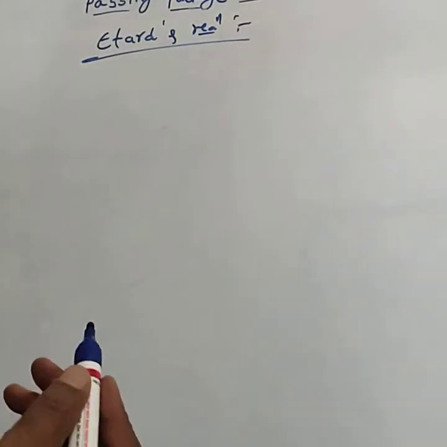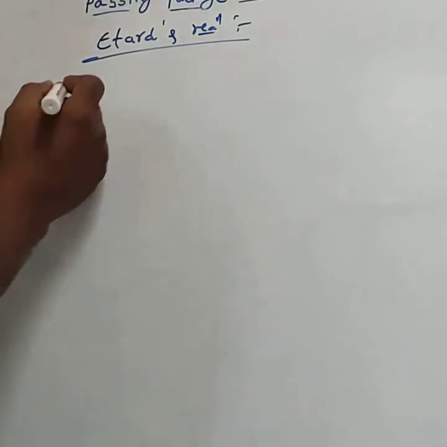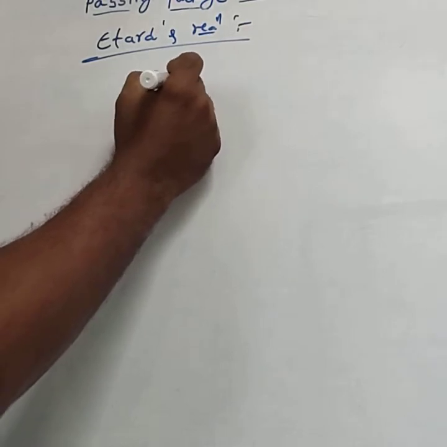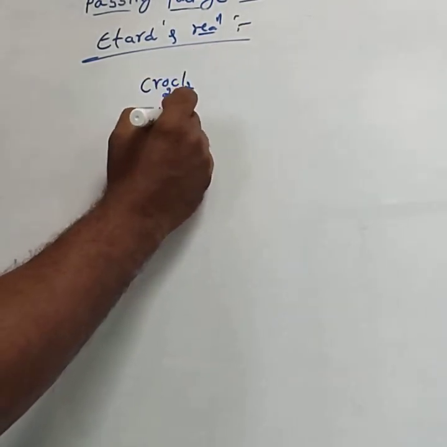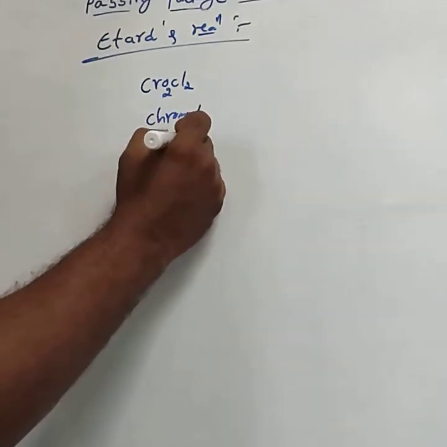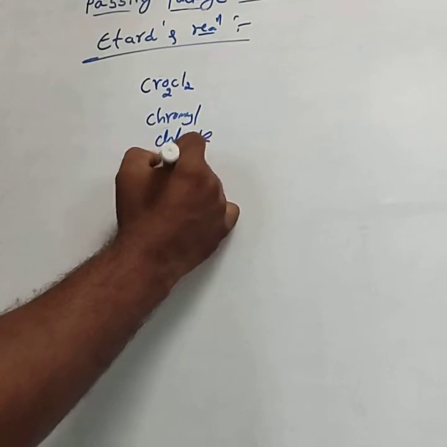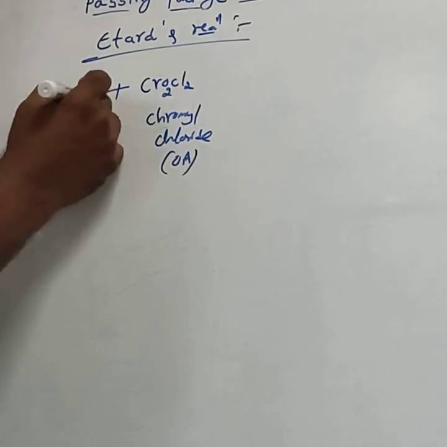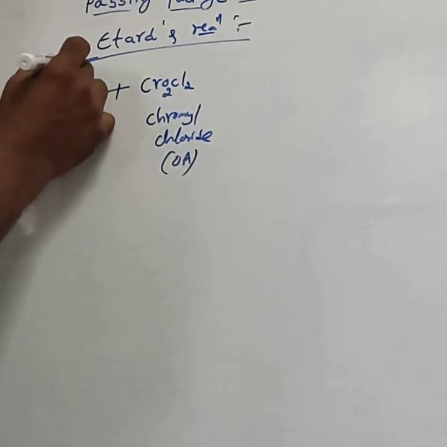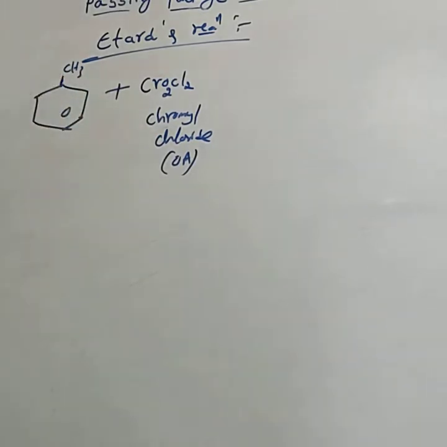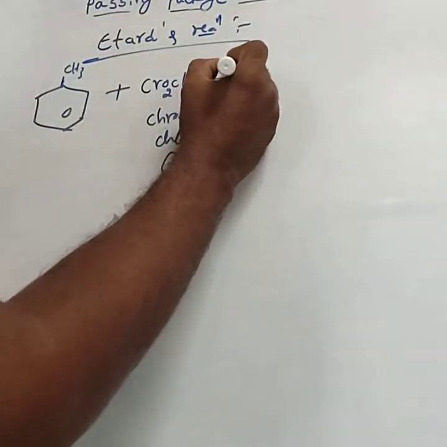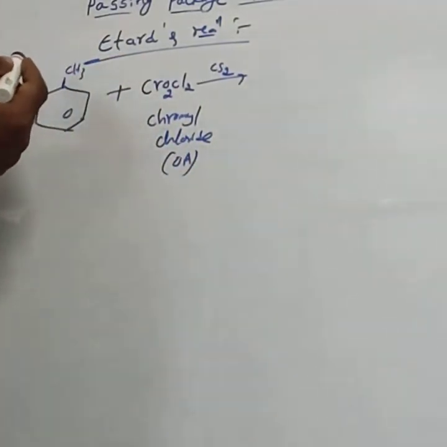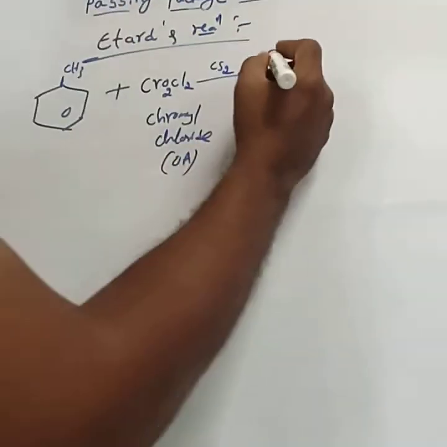Next one is Etard's reaction. In Etard's reaction, we are using chromyl chloride, CrO2Cl2, as an oxidizing agent. This chromyl chloride oxidizes the methyl group of the hydrocarbon in the presence of carbon disulfide to a chromium complex.